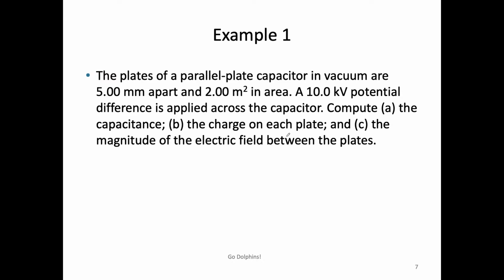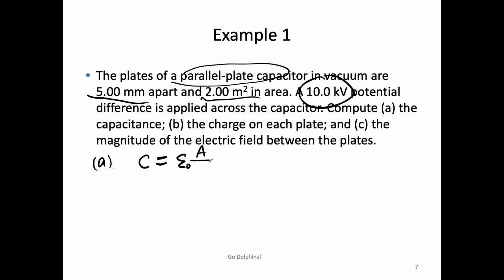So let's do a simple calculation to understand. We have two plates, each with an area of 2 square meters, separated by 5 millimeters. Then you apply a 10,000 volt potential on the two plates. First we want to find the capacitance. This is a parallel plate capacitor, so we can use epsilon 0 A over D and put in all the numbers.